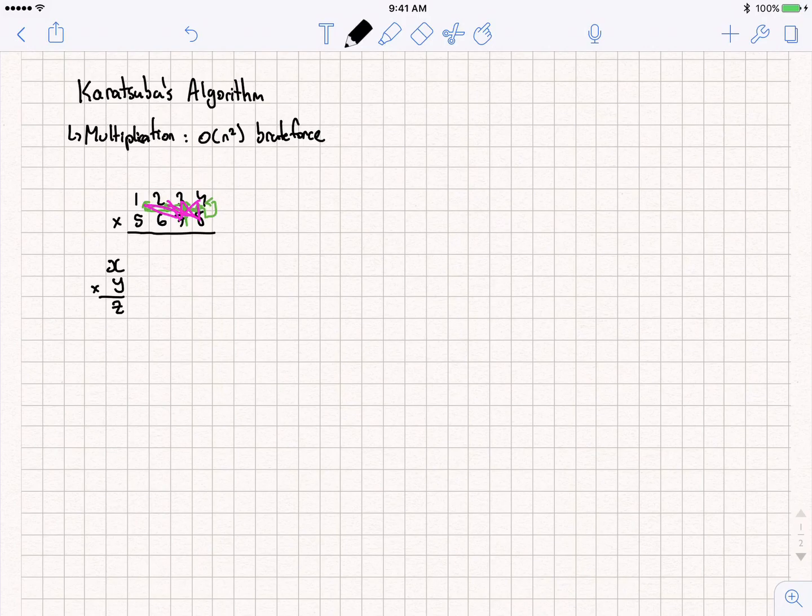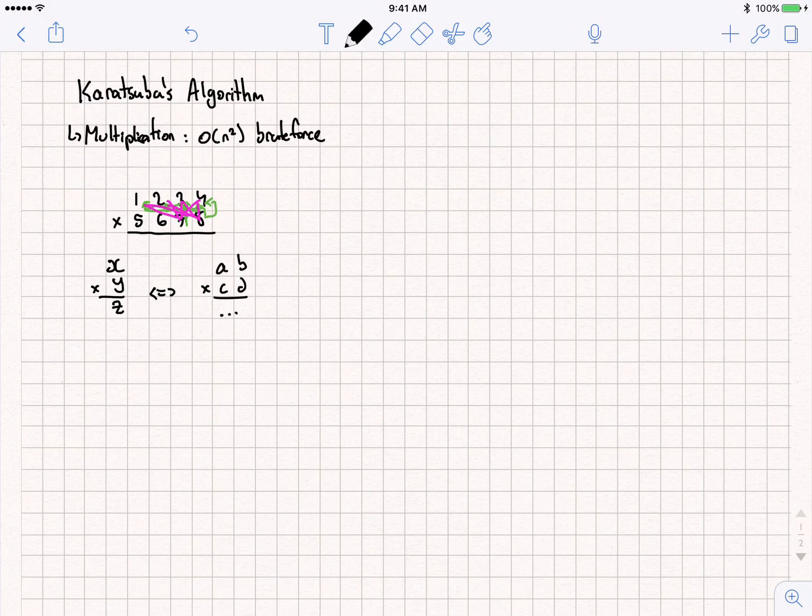Now for this result z, we have the number x, which we will split in half. Just like any divide and conquer algorithm, we're going to split x in half. So we're going to say that this is equivalent to AB times CD. We multiply these, and then this equals some result over here. Now, what does this actually do?